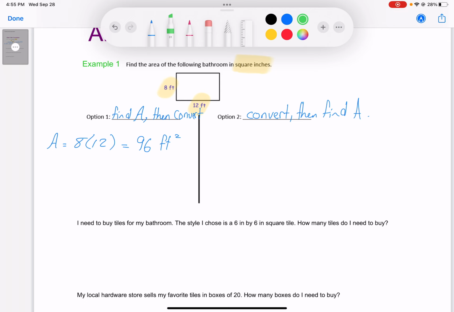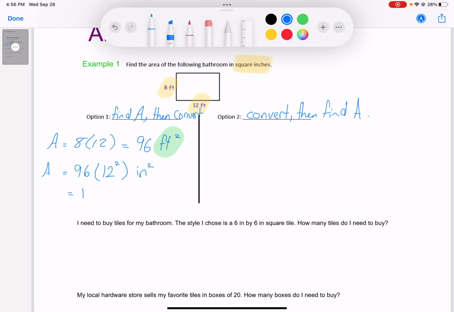Now, emphasis on the unit here. The unit here is squared, so when I convert my square feet into square inches, instead of multiplying by 12, I have to multiply by 12 squared because I'm converting square units, and that's going to convert my area into square inches.